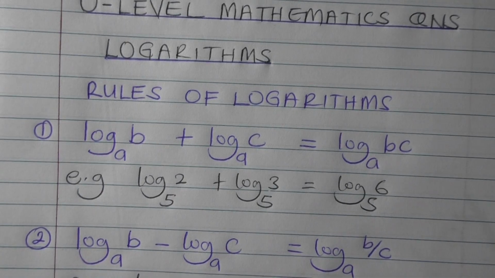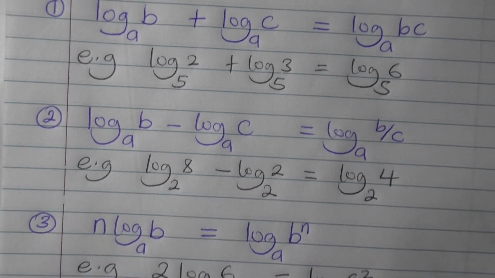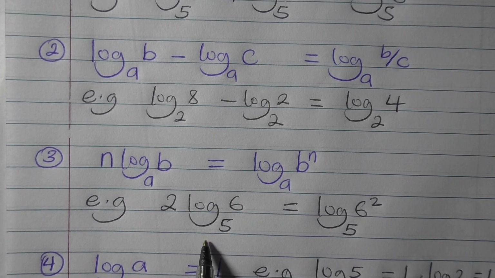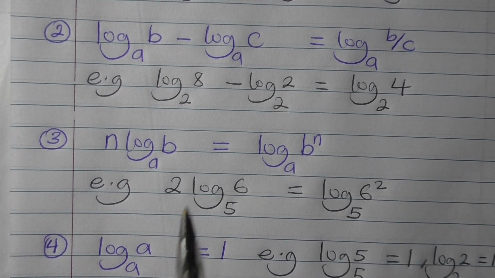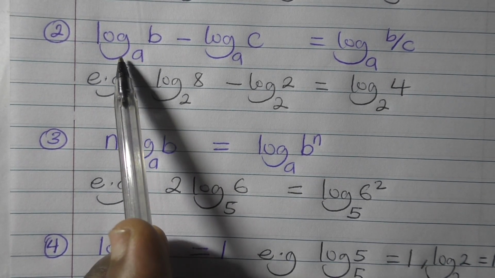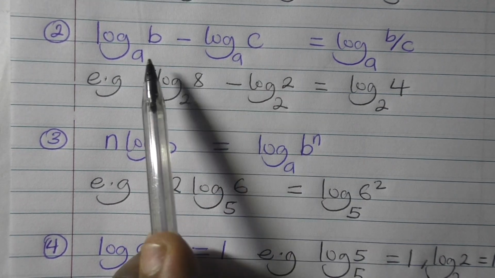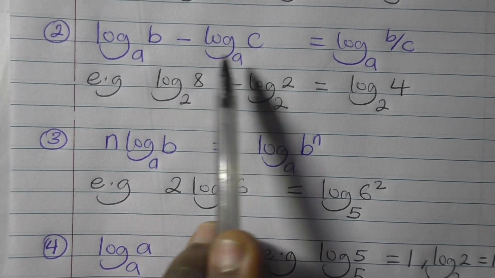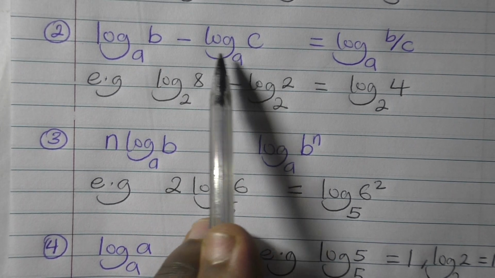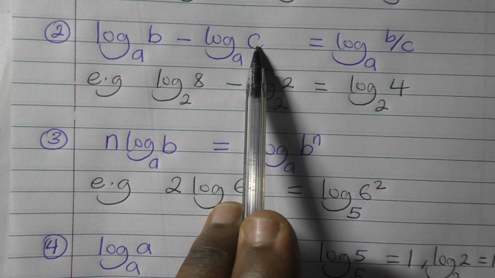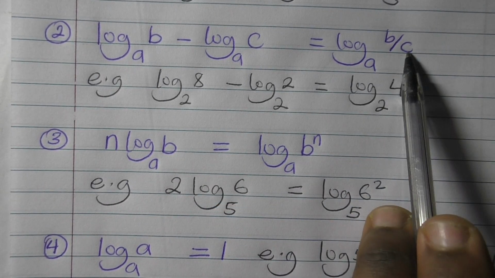The second law says, if I'm subtracting, that is to say, if I have log a b minus log a c, the bases should always be the same. Then I will divide b by c to get log a of b over c.